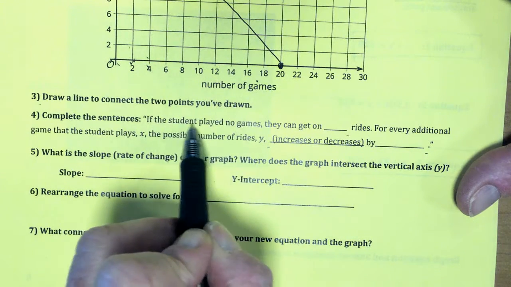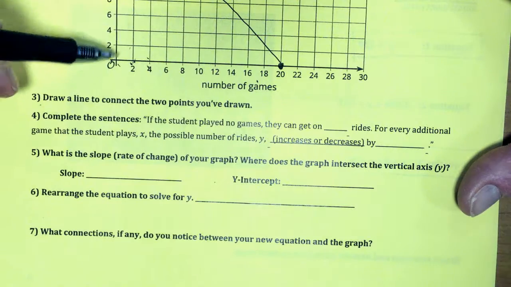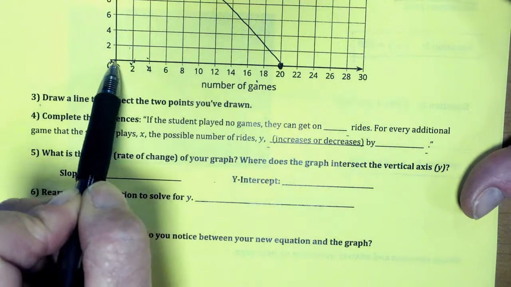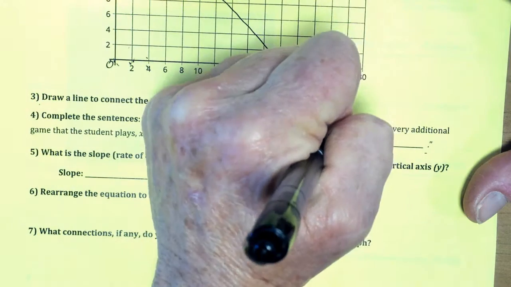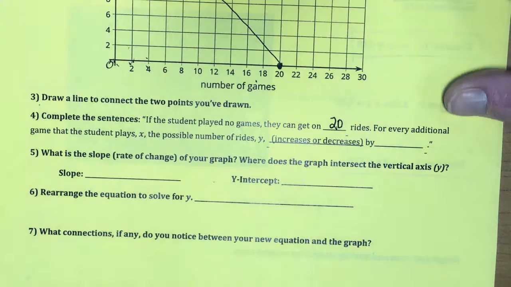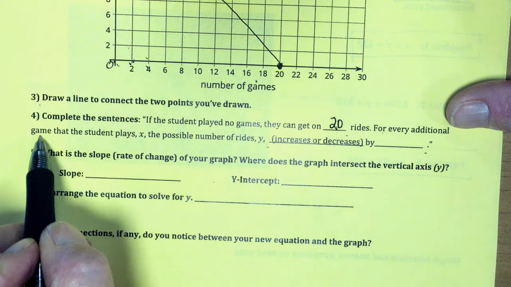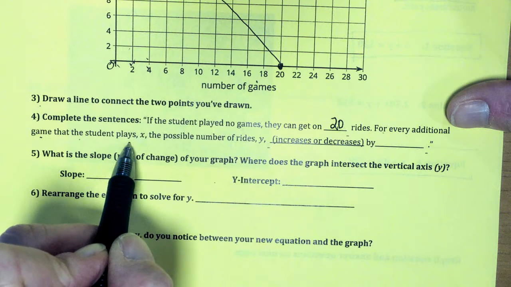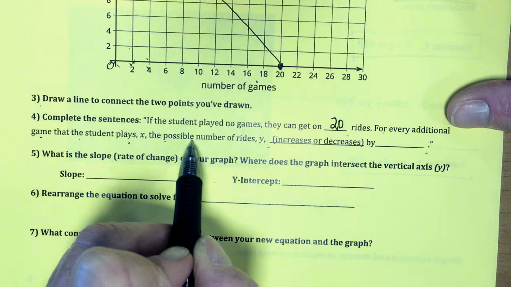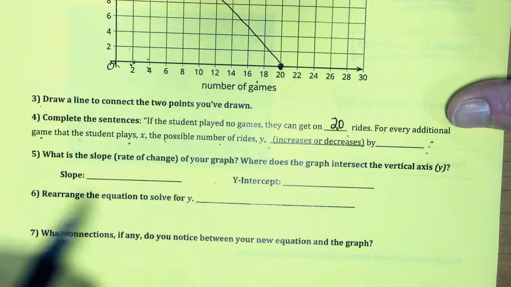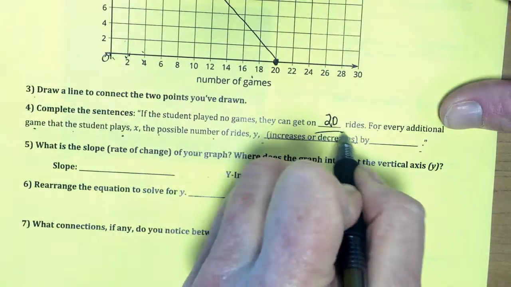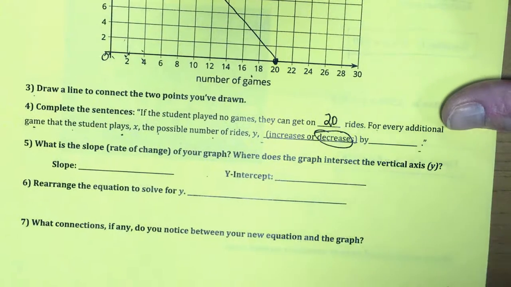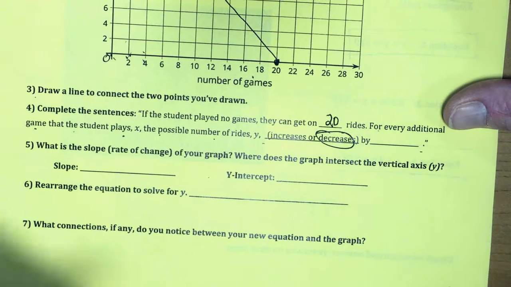Okay, so if the student played no games, let's go back here. If I played no games, I can get on 20 rides. Totally understand that. Okay, for every additional game that the student plays, the number of rides, well, we just talked about it. As I play a number of games, what happens to the number of rides? It decreases. How much is it decreasing by?